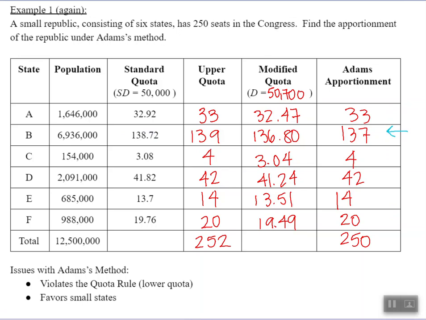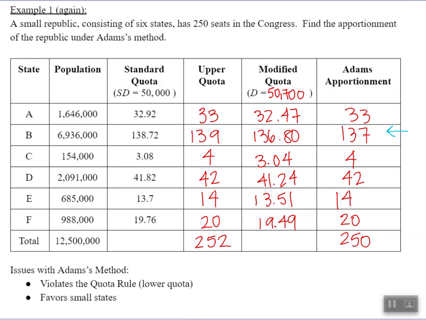So Adams method can violate the quota rule, but it will give a state less than its lower quota. And that's because the Adams method favors small states. So here, the largest state got fewer seats than it should have.